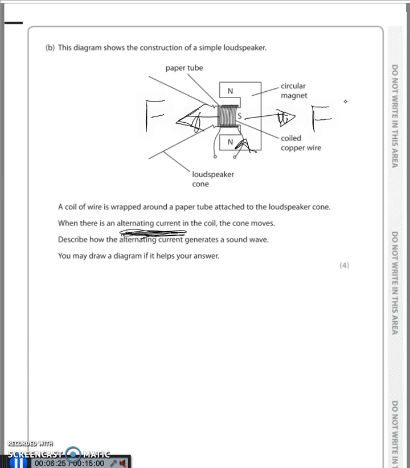So the paper tube is connected to the coil, which means that as the coil moves backwards and forwards, as the coil vibrates, the paper tube is also going to vibrate, and it's going to collide with the air particles, and it's going to create a sound wave and pass the energy on.